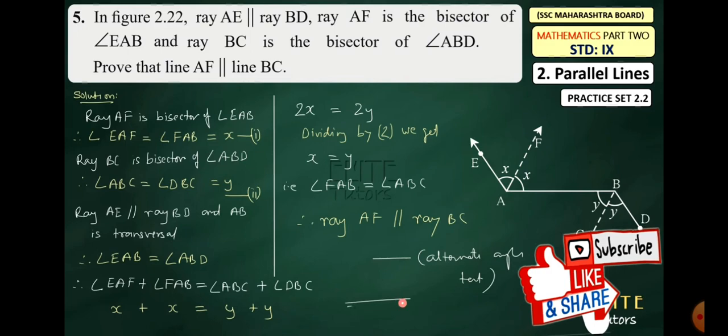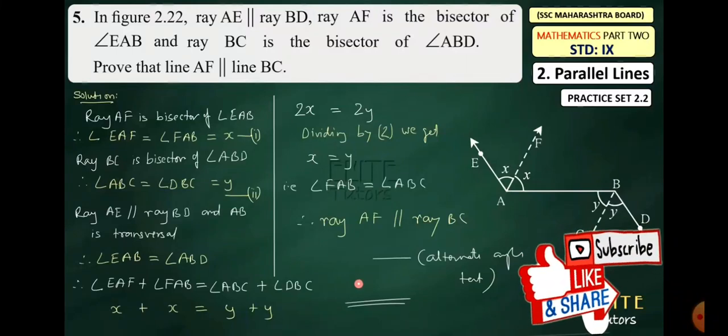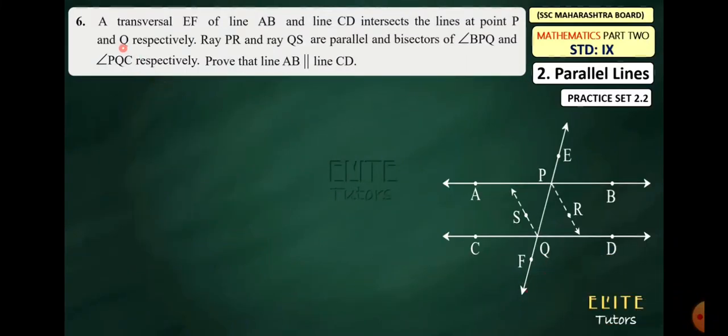Now come to the main question number 6. A transversal EF of line AB and line CD intersects at points P and Q. We have two lines AB and CD, and EF is a transversal intersecting these two lines at point P and point Q, which is given in the figure.